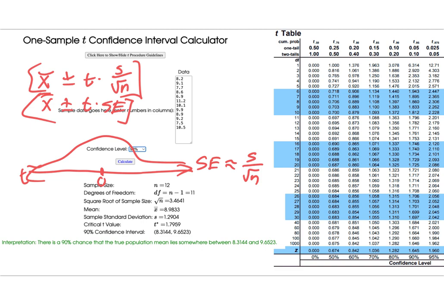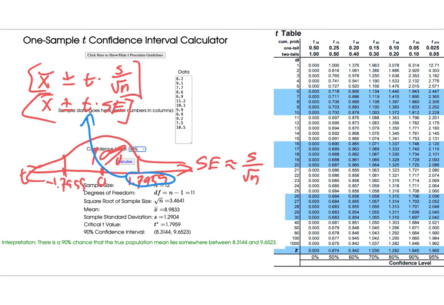That critical value, 1.7959. And right here, negative 1.7959. Those are the endpoints of a 90% confidence interval for t. Which means this number is the number that goes into that part of the confidence interval.